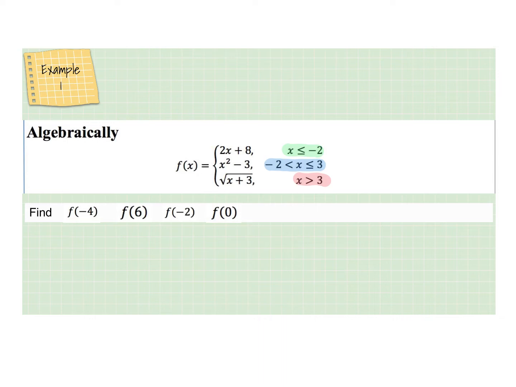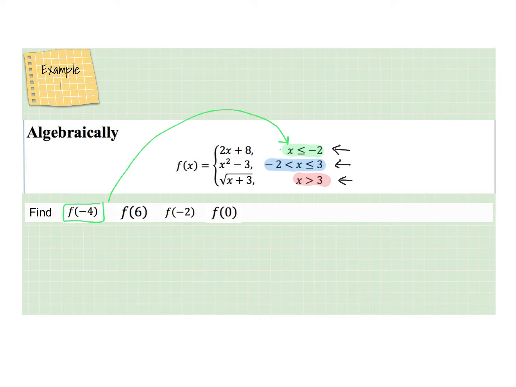F of -4, this one right here, where does it fall? Is it less than or equal to -2? Is it between -2 and 3? Is it greater than 3? In this case, -4 actually falls in the first function because it's less than -2.